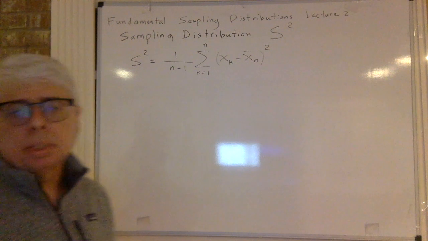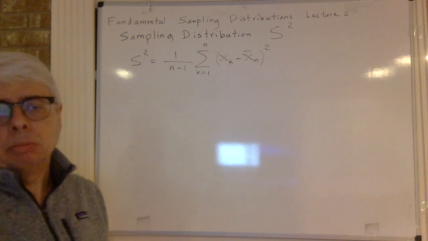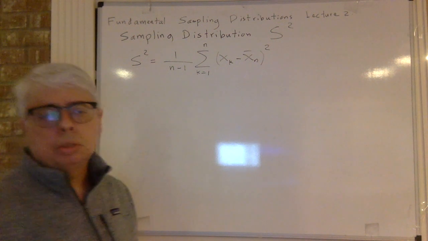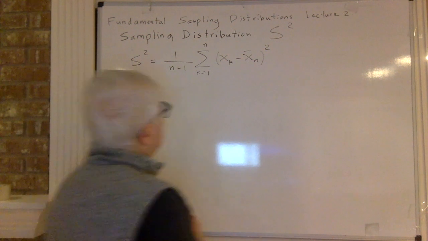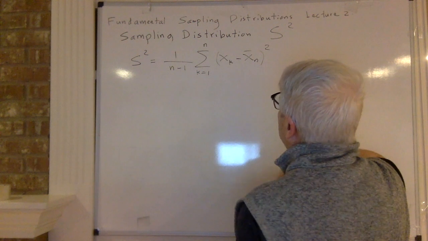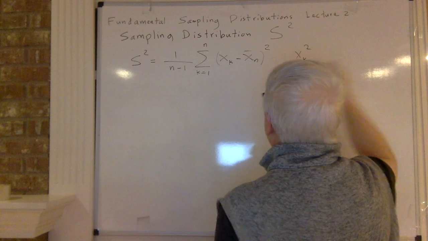Okay, now we need to find... well, this has to do with something we call the t-distribution. So let us see why we need that. Just look at this thing. When we expand it, we have xk squared and also x bar n squared.